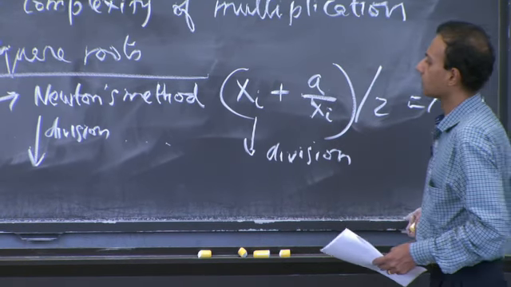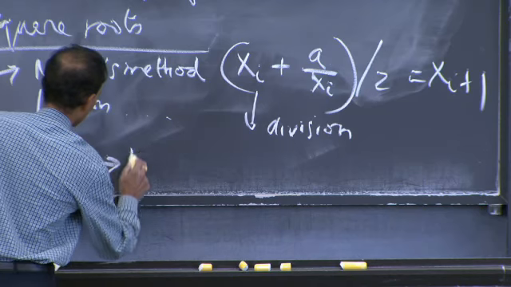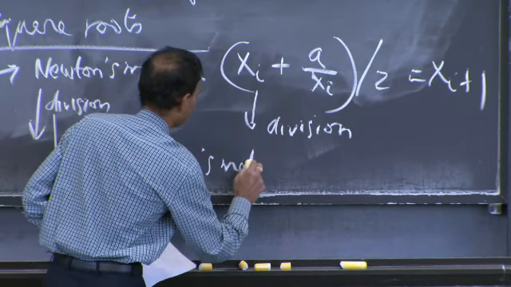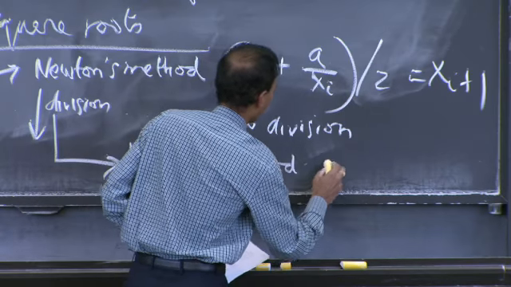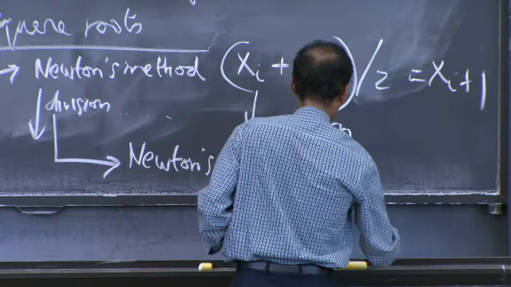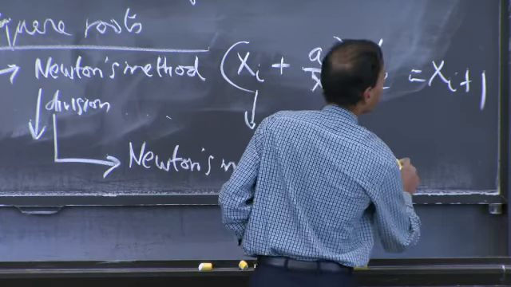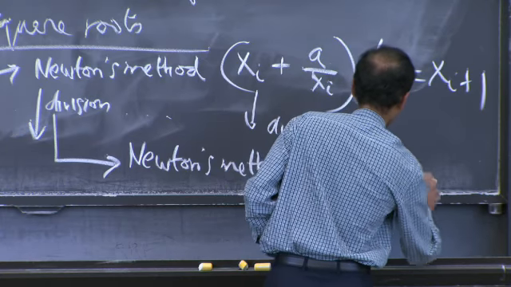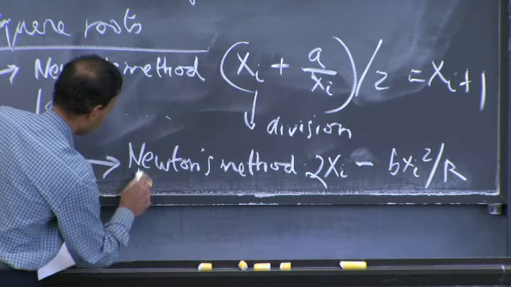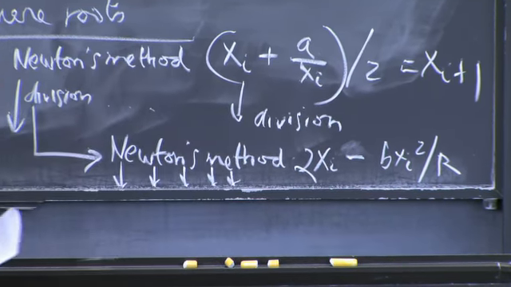And for each of these division methods, we're going to call Newton's method, which is something like 2x_i minus b x_i squared divided by r. And that's going to be a bunch of multiplications.